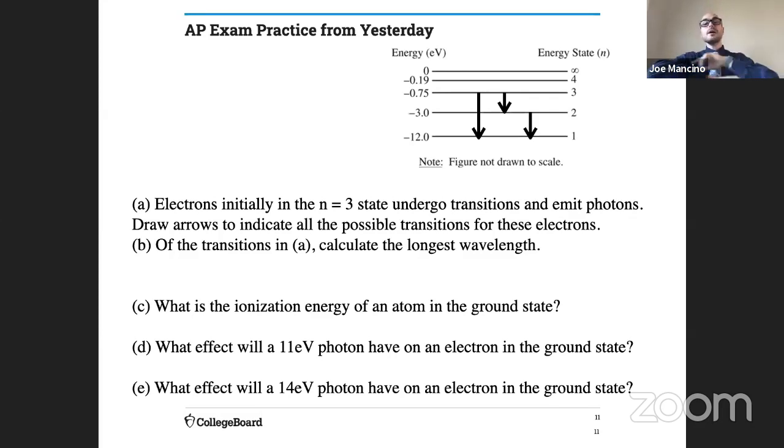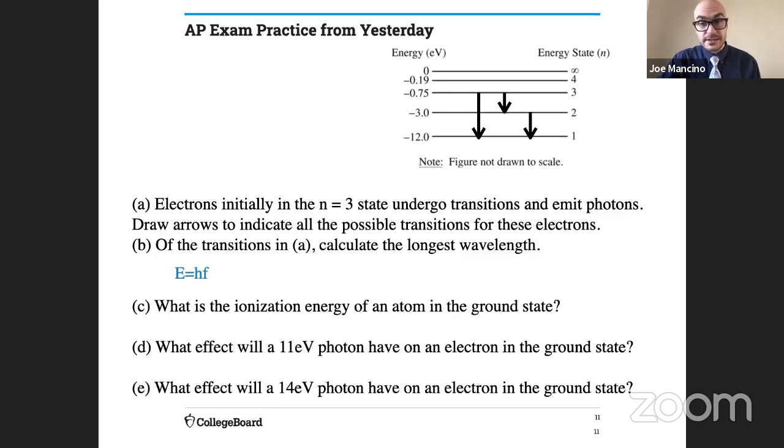Now, I'm hoping that you were able to just figure out which one had the longest wavelength. That would have been great. If you identified the transition from level 3 to level 2 as having the longest wavelength because it has the least amount of energy, that's awesome. We suggested in the last presentation how you could have done this, but it was really tucked in there.